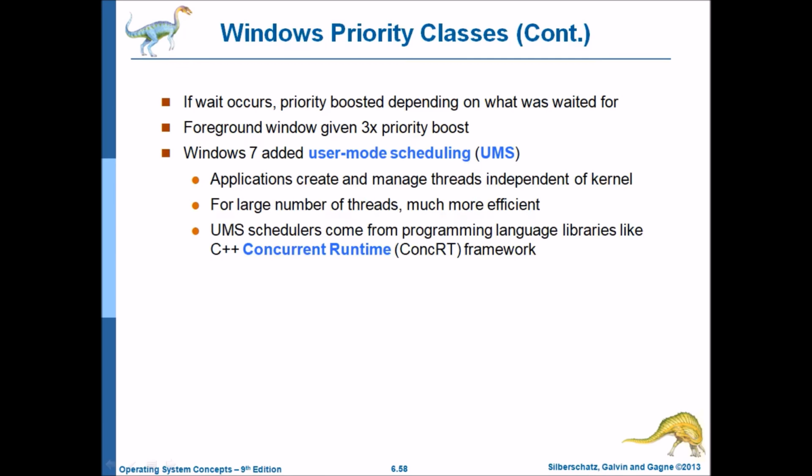The UMS scheduler comes from a programming language library that builds on top of UMS, like the C++ Concurrent Runtime, or ConcRT framework, a concurrent programming framework for C++ that is designed for task-based parallelism on multi-core processors.